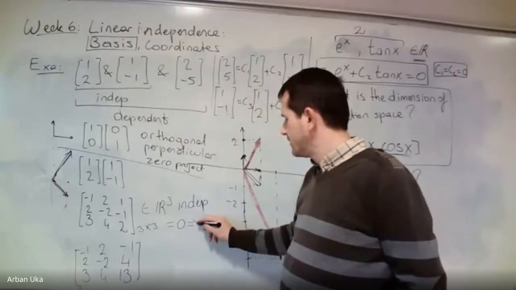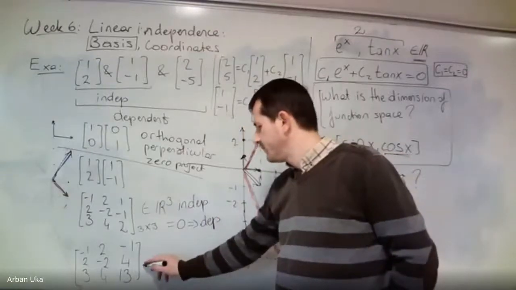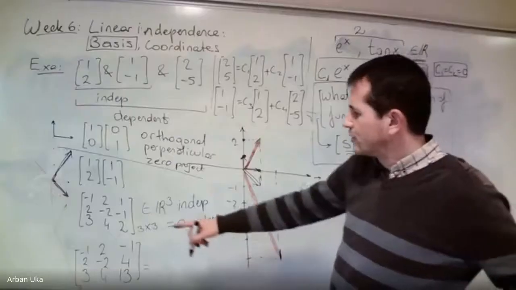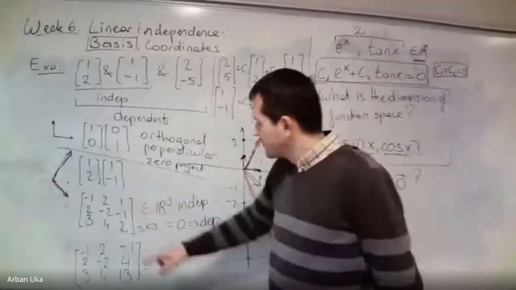Okay, so the determinant is equal to 0, which means that they are linearly dependent. That's true. What about the determinant here? Actually, are you sure it's 0? Can we try this? This is -4. I did it with a calculator, so it's 0. I did it online. That's good.